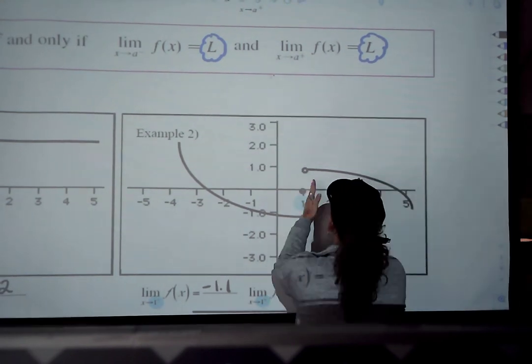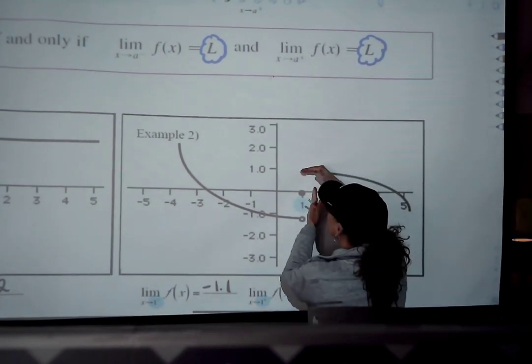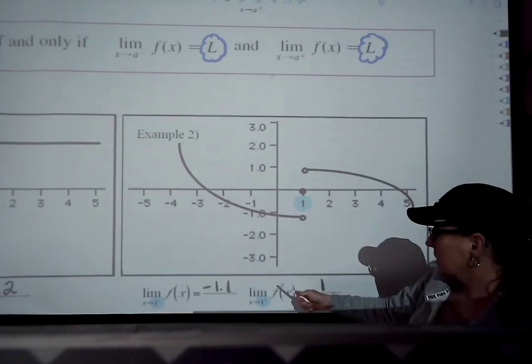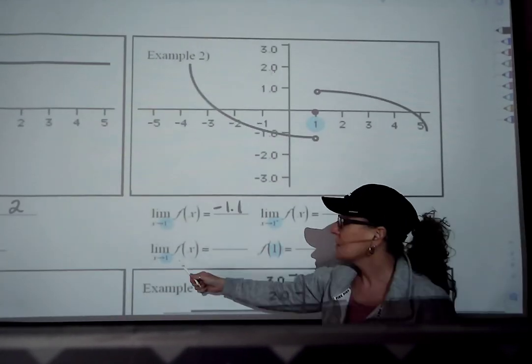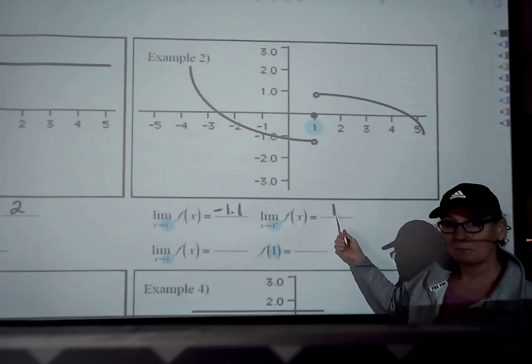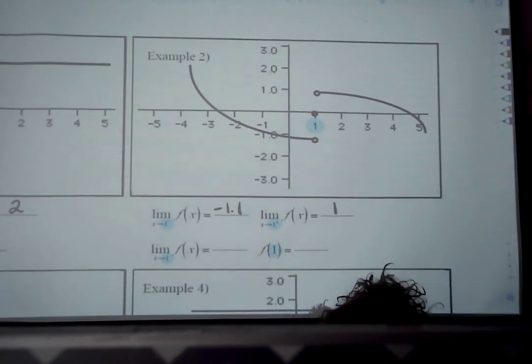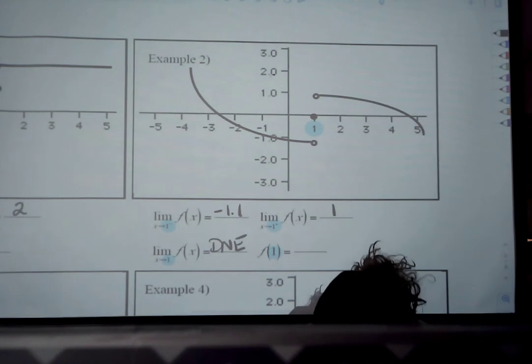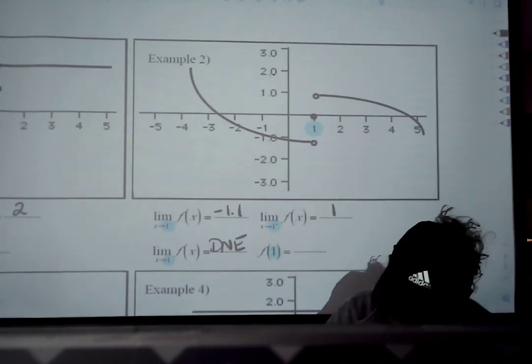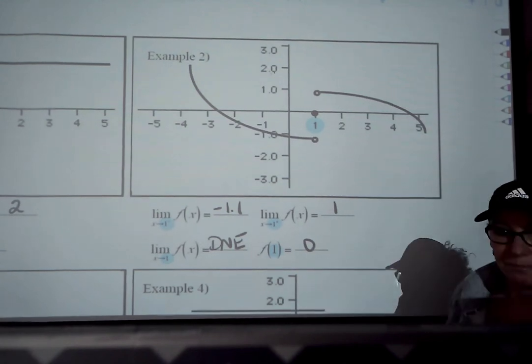Here's 1, jump to the right. Where are my y's headed? I think my y's are headed toward 1. The limit: do the left and right limits match? No. Does not exist. Is there a point at 1 comma something? Yeah, 1 comma 0.